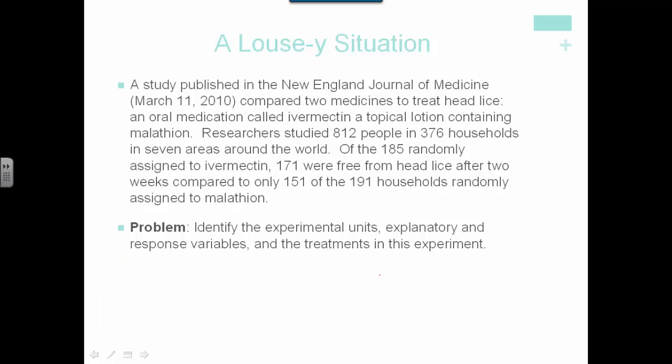So in this example, the experimental units are the households, not the individual people, since the treatments were assigned to entire households, not separately to individuals within the households. So again, experimental units in this case are households.